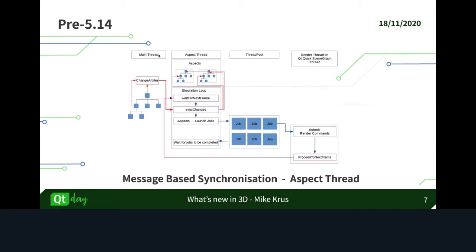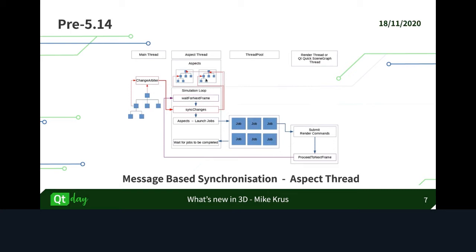When one property changes, it creates a little instance of a message that gets put on a queue, and the message records which object and which property has changed and what the new value is using a QVariant. Then at every frame inside the simulation loop, that queue gets processed and all the messages get dispatched to the various aspects.